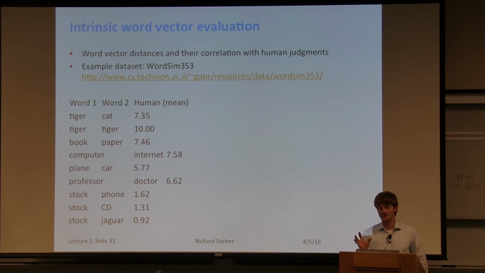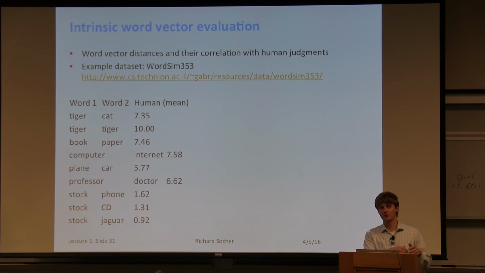All right, now another intrinsic word vector evaluation that is very common and has been used a lot more in the past is to just look at similarities. So you look at inner products and you say, well, if we asked a bunch of humans on a scale from 1 to 10, how similar do you think tiger and cat are?